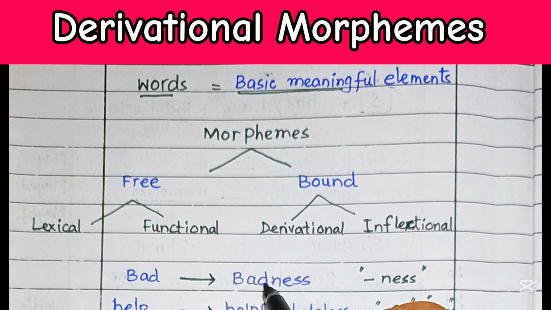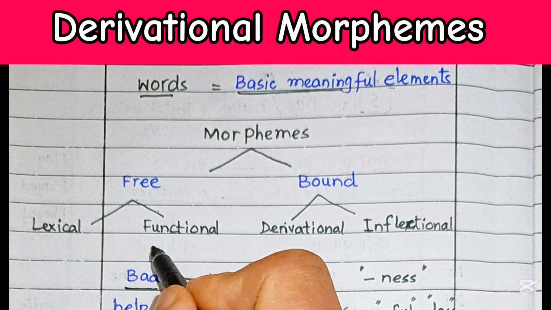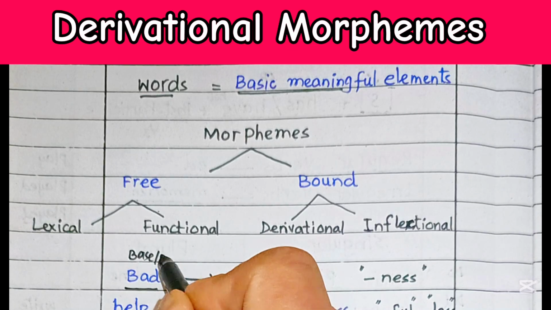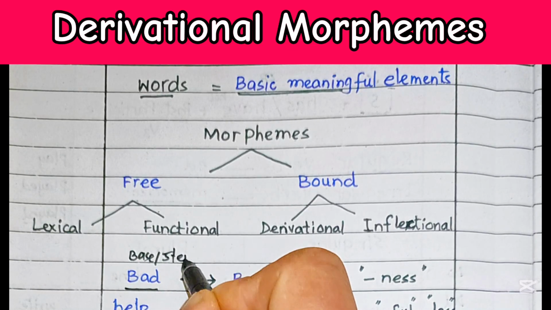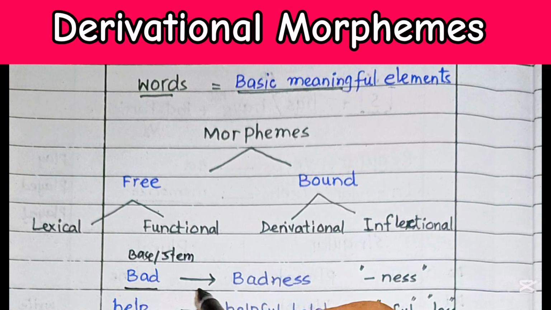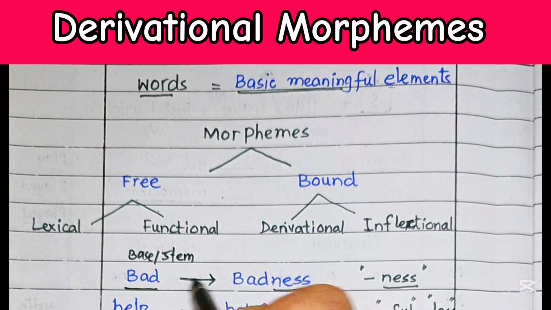We use derivational morphemes to make words of a different category from the base or stem word. Over here, the base or stem word is bad. This may be called a root word as well. So we have added only ness towards the end of bad.